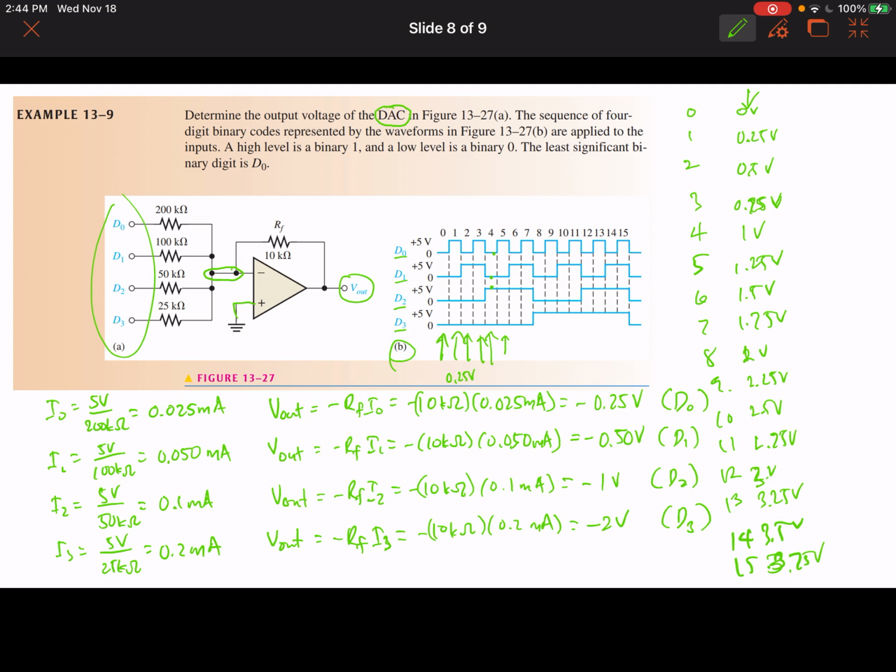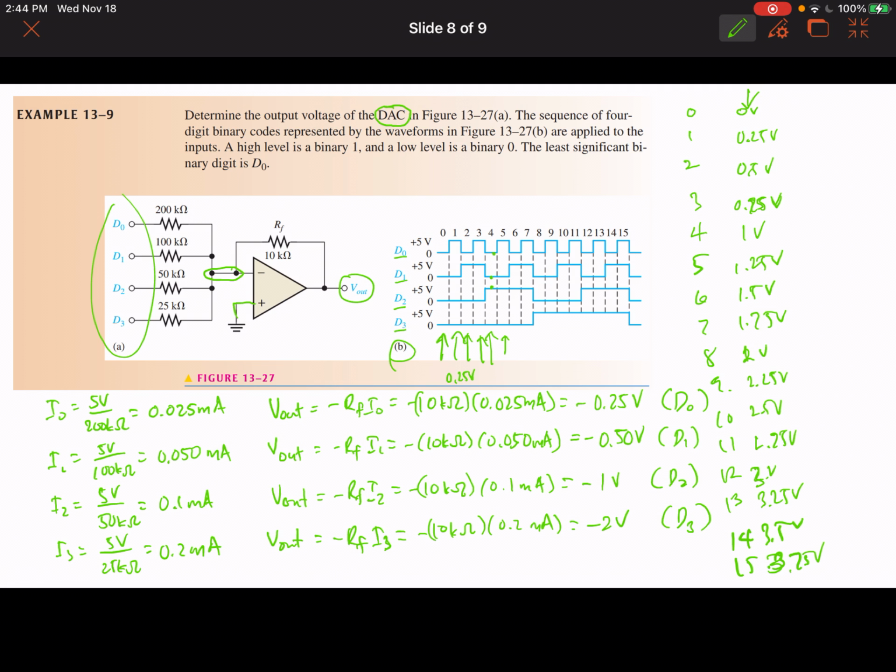Okay, now let's consider the time 0 first. So all of the inputs are 0. So if there's no signal, let's assign that to a 0 signal. But if there's a signal, then let's assign that to a 1.